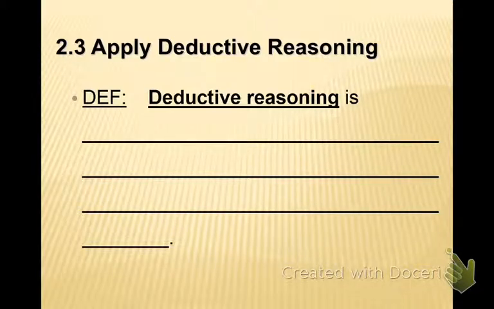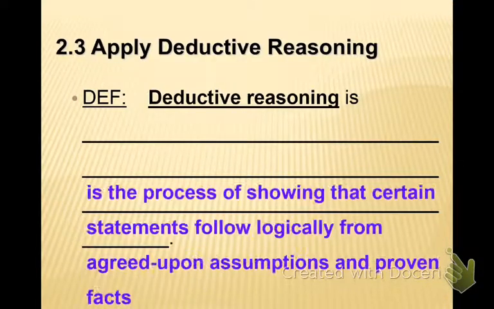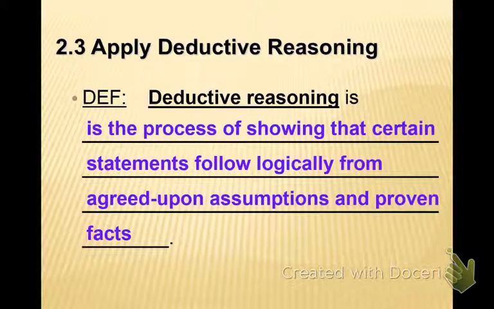Remember, inductive reasoning is using patterns and data to make some conjectures, right? Very educated guesses. Okay? Deductive reasoning is the process of showing that certain statements follow logically from agreed upon assumptions and proven facts.